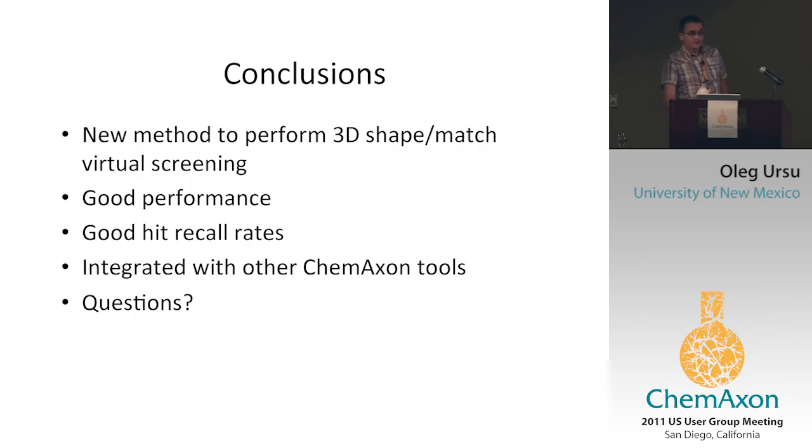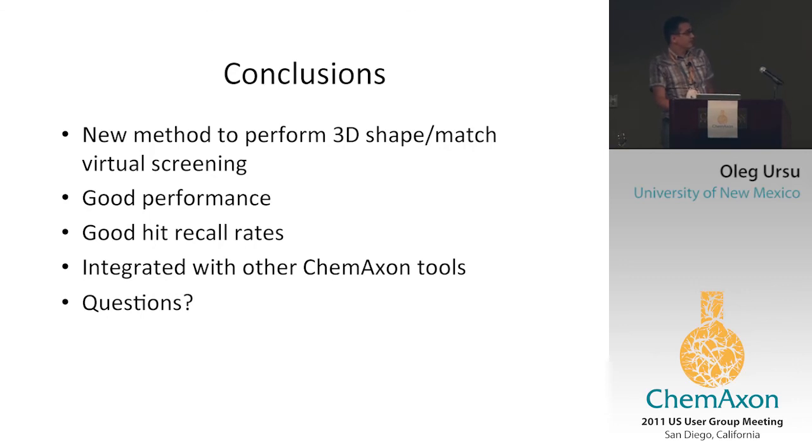So in conclusion, this is a pretty good new tool for 3D flexible alignment. I was really impressed by the performance. For some of the data sets, the runtimes were about 4 hours. It has pretty good hit recall rates on the target sets I used.